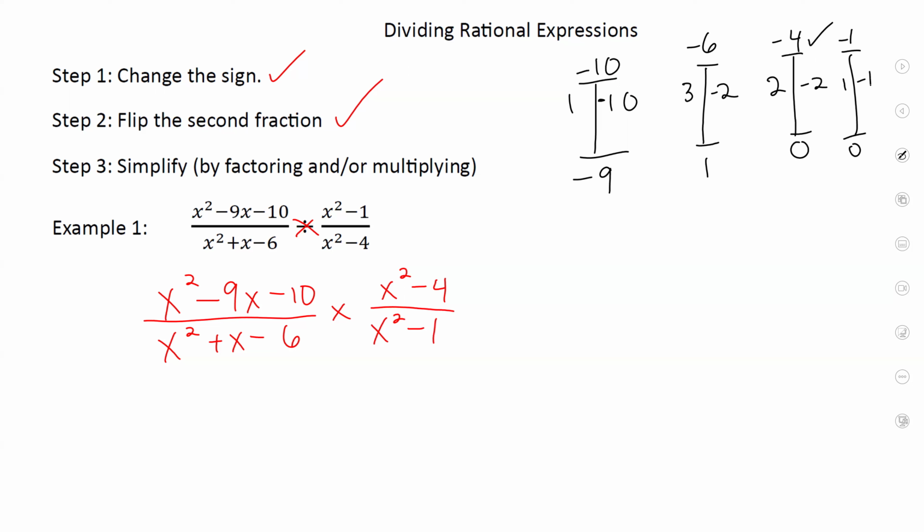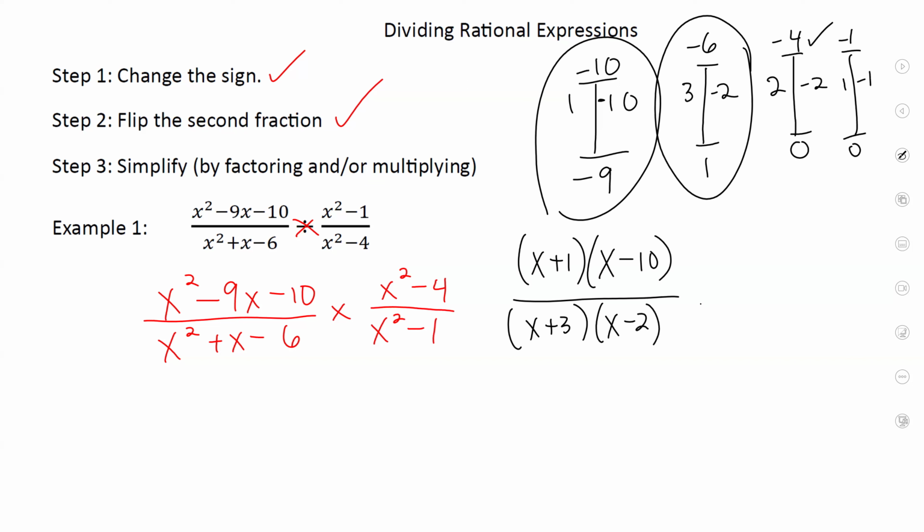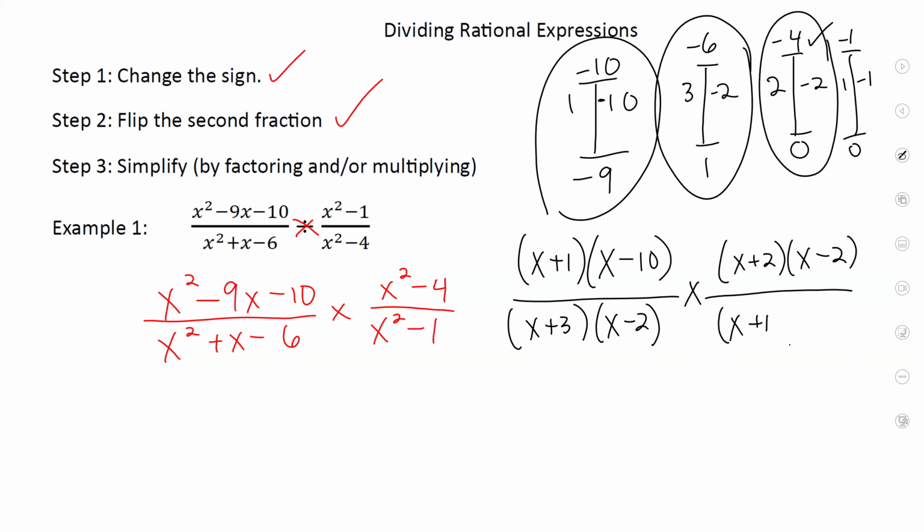All right, so guys, I'm going to go ahead and write my factors. This first eye chart is x plus 1, x minus 10. The second eye chart is x plus 3, x minus 2, times this third one, x plus 2, x minus 2, and the last one, x plus 1, x minus 1. Now we're going to simplify.